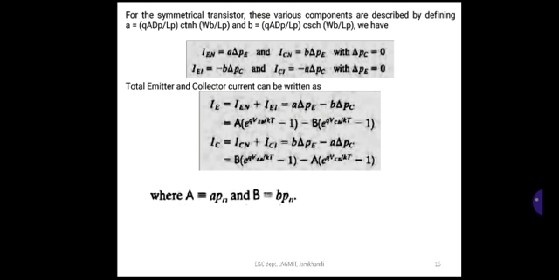So we can see from the equation that a linear superposition of the normal and inverted components gives the result that we have derived previously for the symmetric transistor.